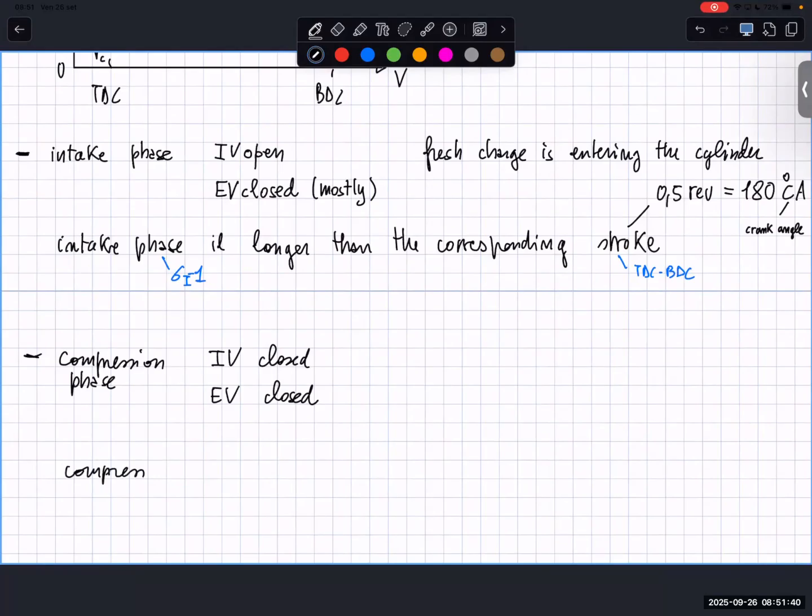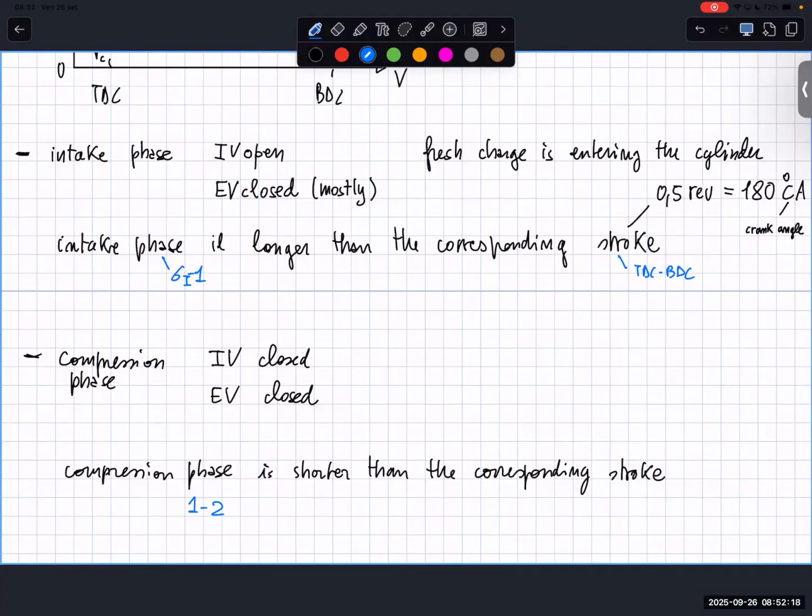And here we can say that the compression phase, that is going from 1 to 2, is shorter than the corresponding stroke. So we have a phase that will be called compression, and a stroke that will be called compression. The difference is present in crank angle degrees, and the phase is shorter.